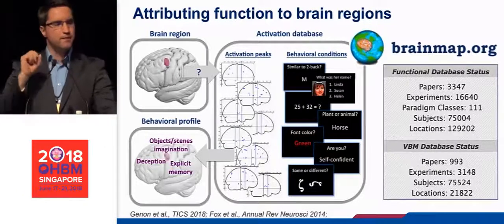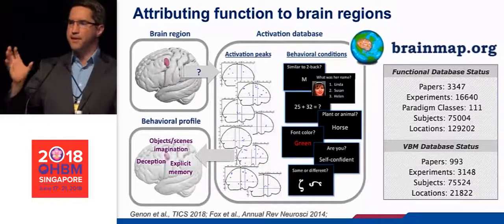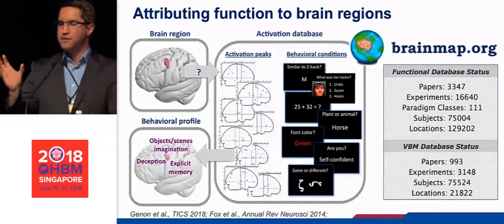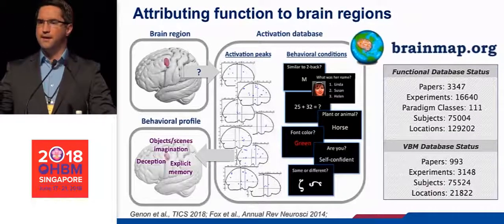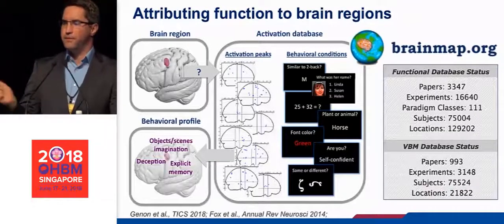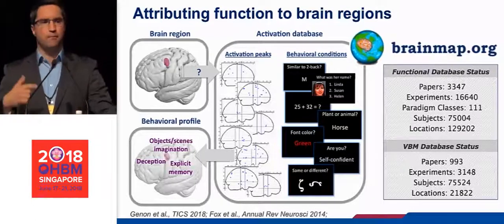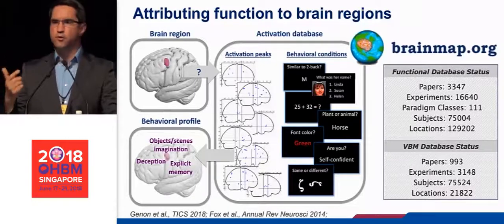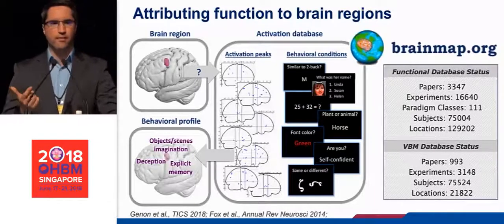You say, well, this is my region of interest. Now you extract all the studies in the database, you filter the database by that location, and then do an inference on the particular functional metadata. And I'll show you a couple of examples now throughout the talk. Whenever you see the little BrainMap logo, that's when I use functional attribution that's actually based on statistics rather than guesswork.